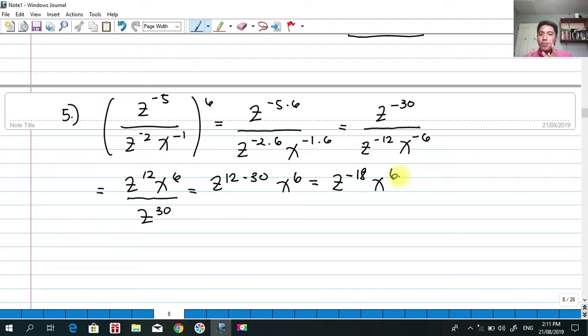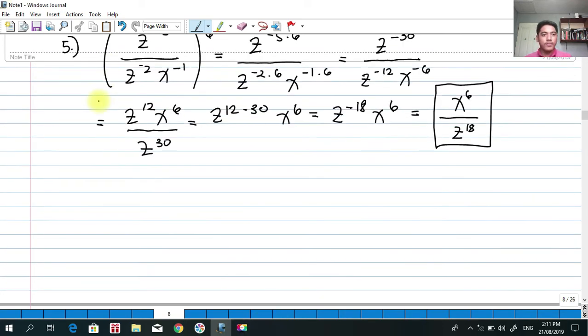According to our instruction, we should not have a final answer that has a negative exponent. So we simply get the reciprocal of this to eliminate the negative exponent. So we have x raised to 6 over z raised to 18. That should be our final answer.